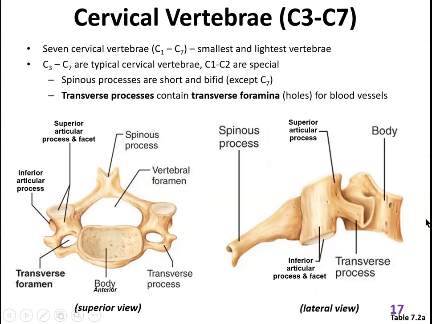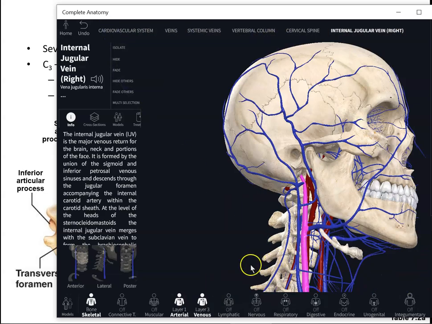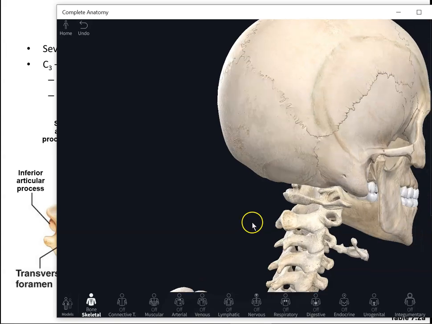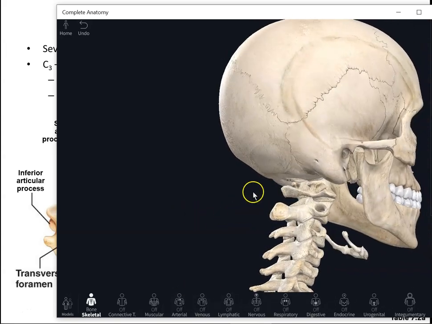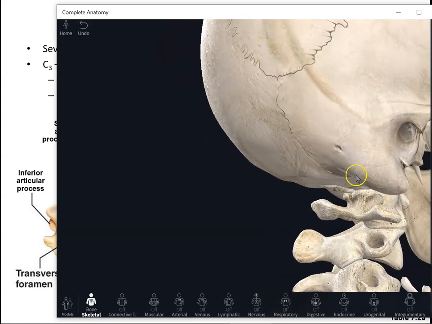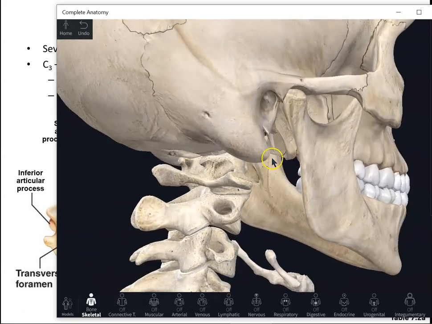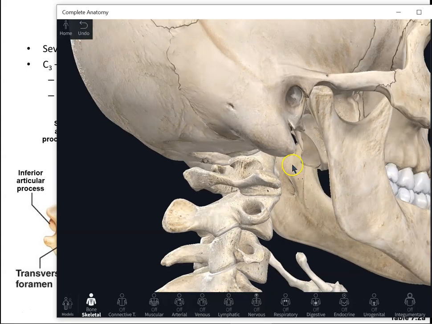And this is something I want to show you in the software again, because why not: how the articular facets change from cervical to lumbar and thoracic. So if we look up here, this right here is the axis and the atlas.